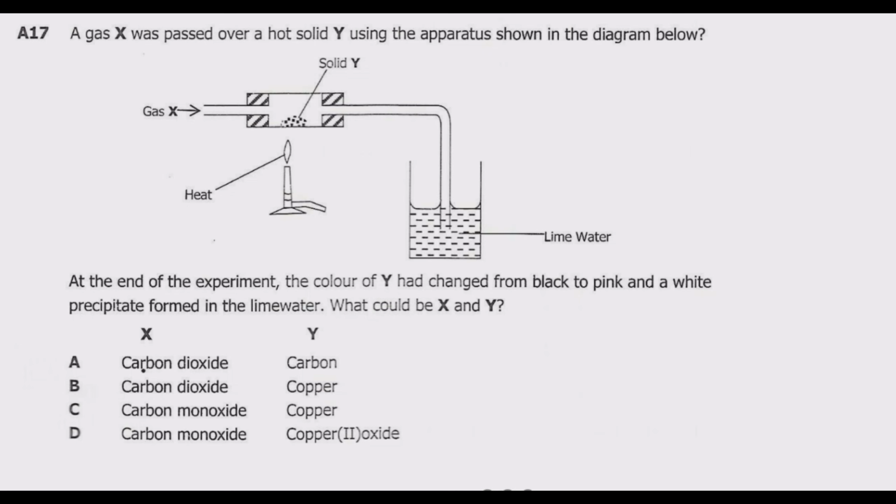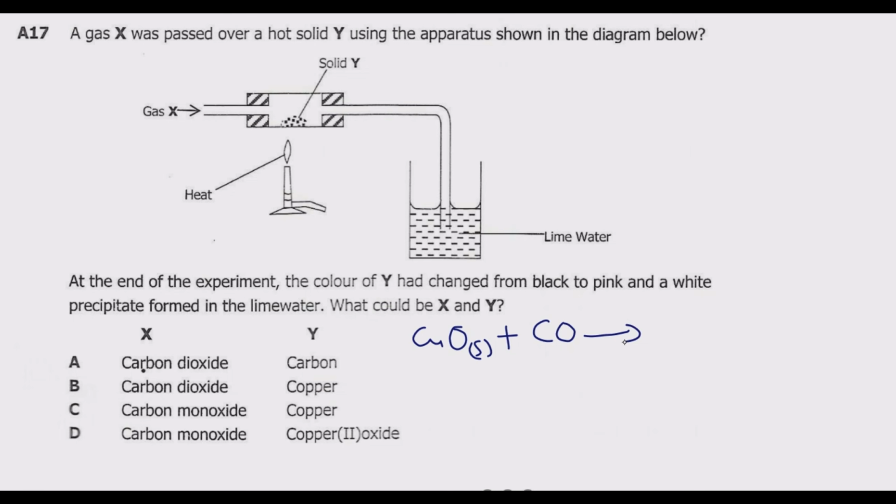So what is happening in this case? The lime water forming a white precipitate is calcium carbonate. So if this is lime water, this should be calcium carbonate. So what is going to happen is we are having the copper oxide, which is solid, reacted with carbon monoxide to do reduction, just like the question that we were talking about in question 16.